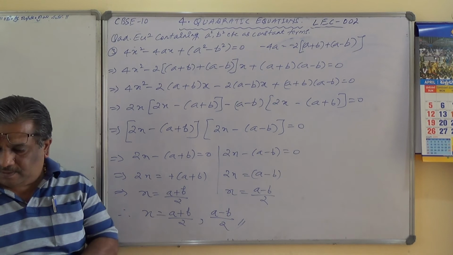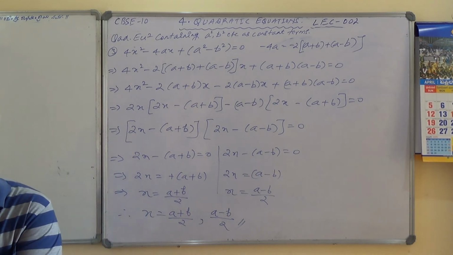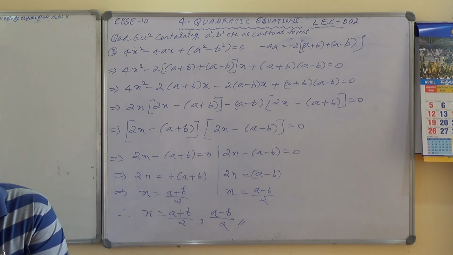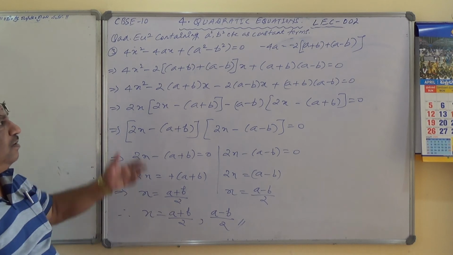Let me check the answer. This is which problem? The third one. Yes, a plus b by 2 or a minus b by 2. It is correct. So note it down.